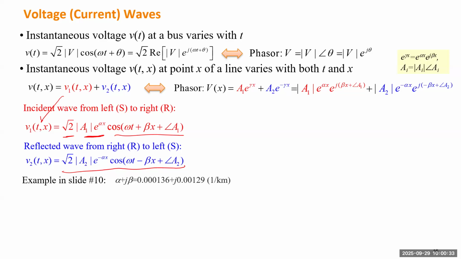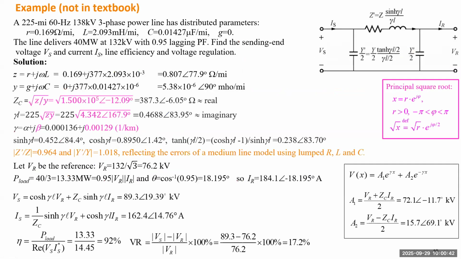If we utilize the example from slide number 10, where we did a calculation for a long line model for a 225 mile line, we have those A1, A2 solved. So now we can utilize those values.